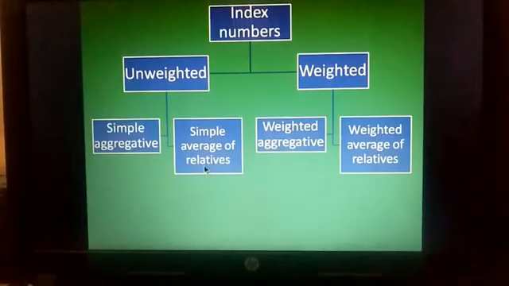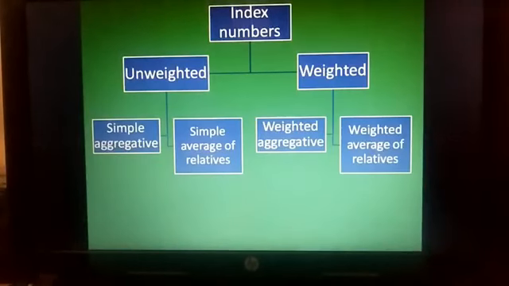Relatives is nothing but P1 divided by P0 format. And in weighted index numbers, we have the same bifurcation as in unweighted. Here it was unweighted or simple, that's why simple aggregative is written. Here it is weighted, that's why weighted aggregative is written. Look at the cursor: on both sides it is aggregative, aggregation in the sense of summation.